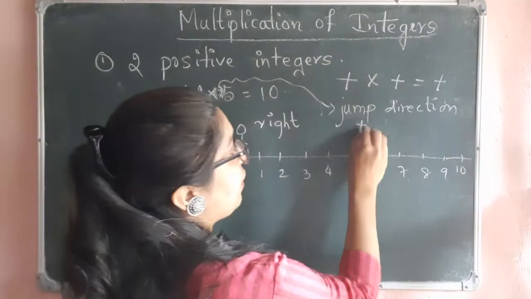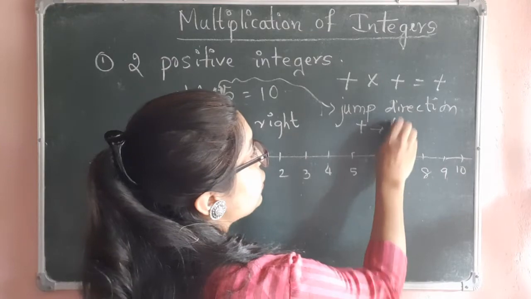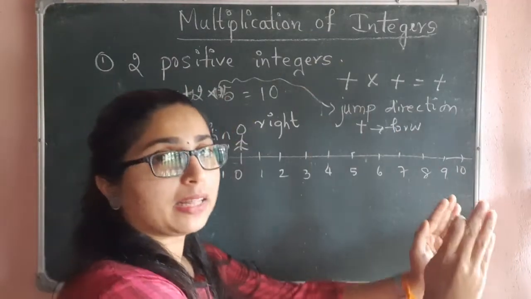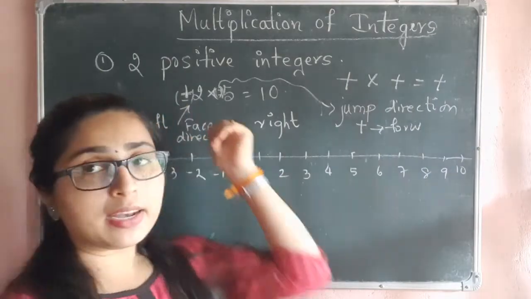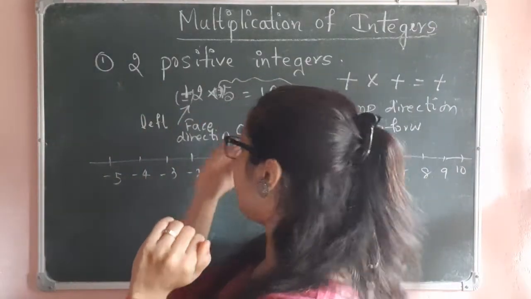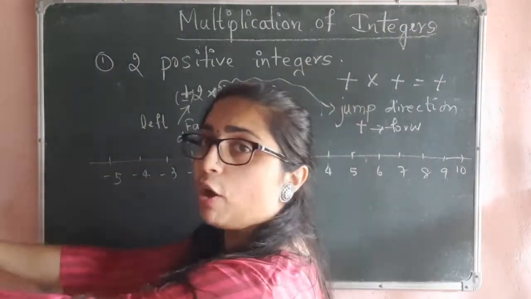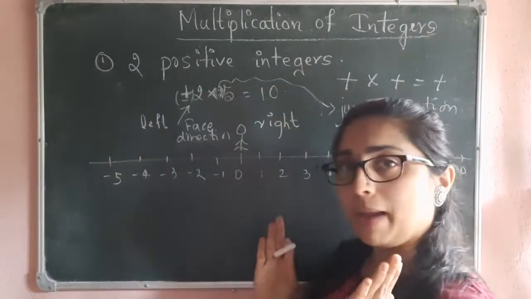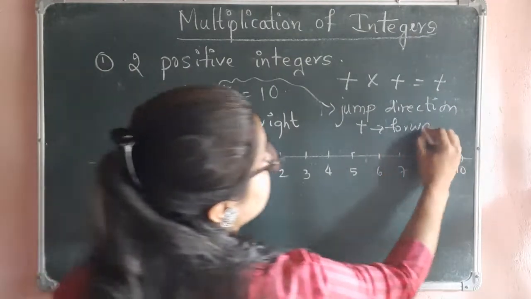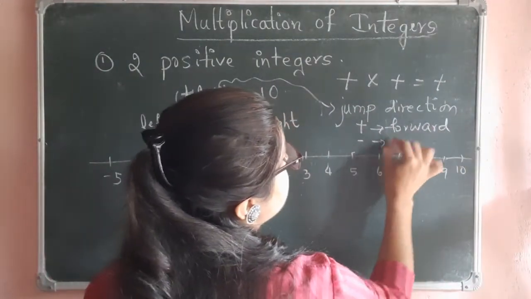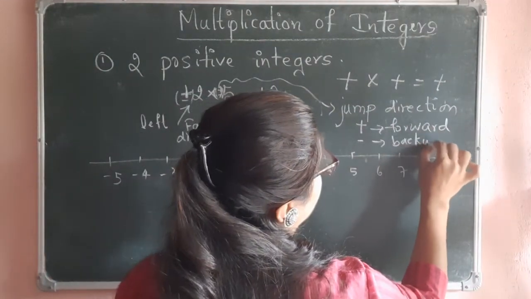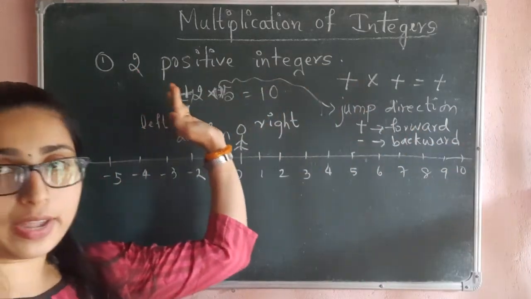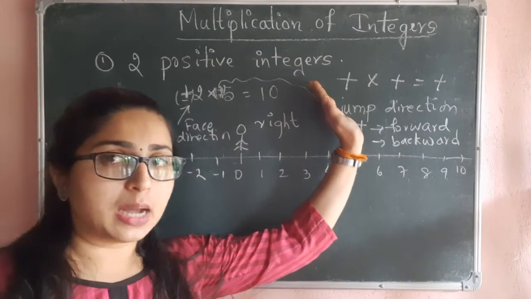If there is a plus sign here, that means you are going to jump forward. Jumping backward means from this position, I am jumping backward. Plus is forward, minus is backward. Just remember this. This is the face direction and this is the jump direction.